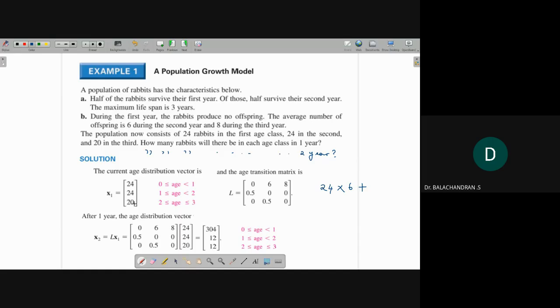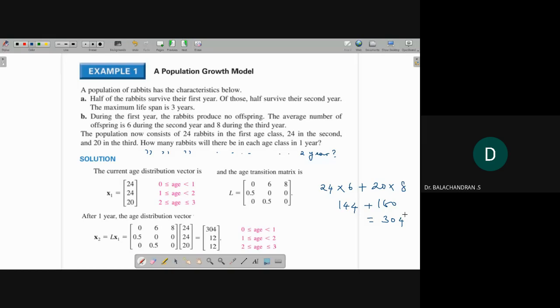In the third age group, how many rabbits are there? 20 rabbits. Each rabbit produces 8. So 24 into 6 is 144, plus this is 160. So we get 304.